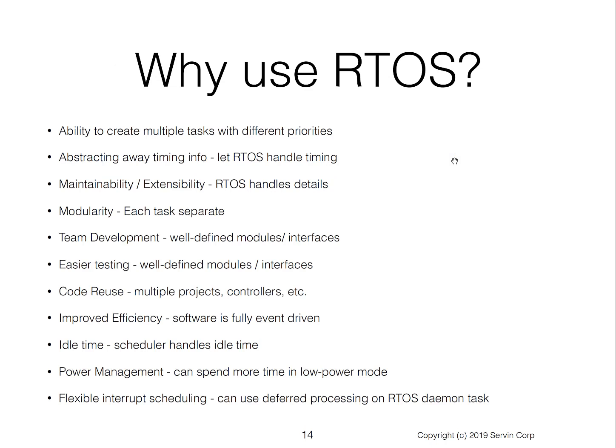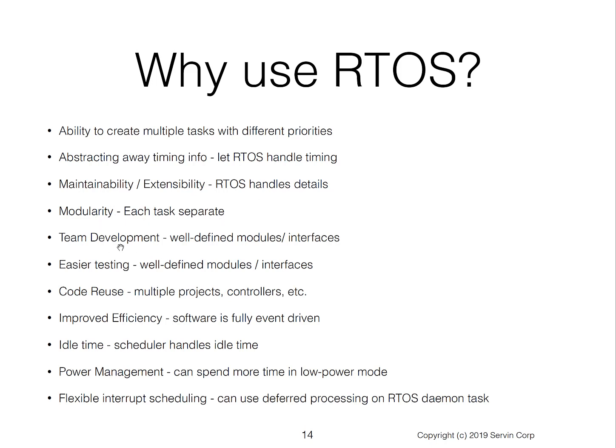So why do we want to use it? Well, we can create multiple tasks with different priorities. We can abstract away the timing info. We can say, hey, just let the RTOS handle the timing details. It is maintainable, it's extensible. Again, they handle the details. We have modularity, each task totally separate.